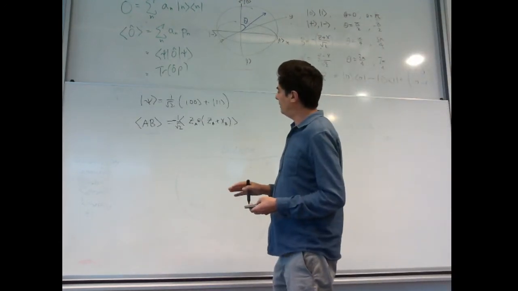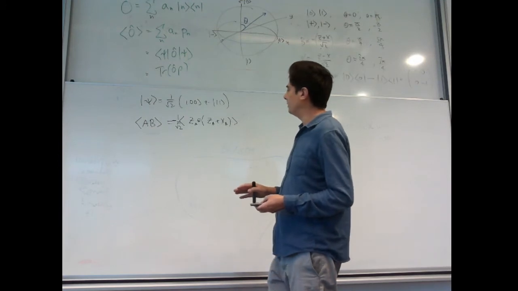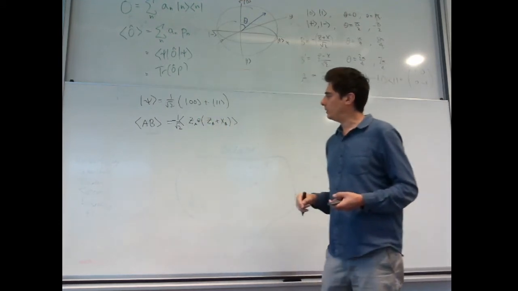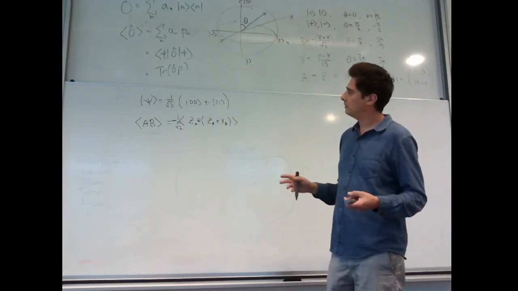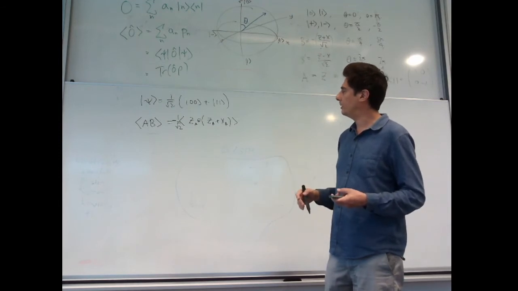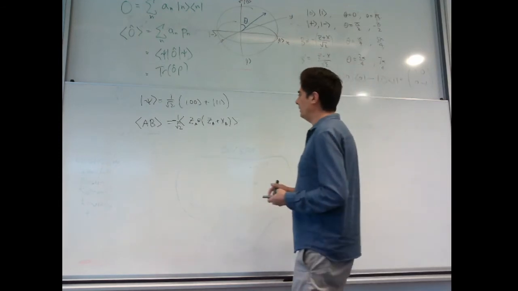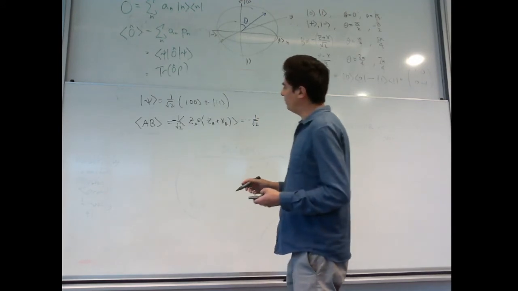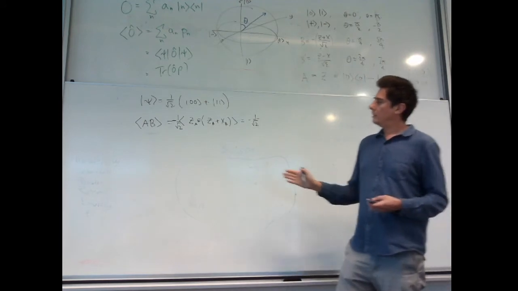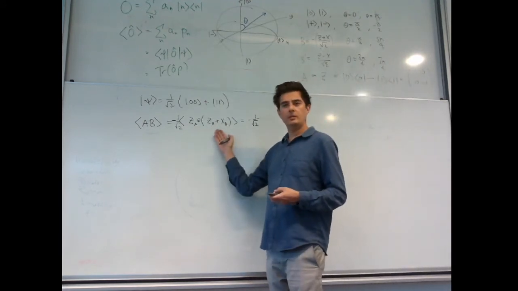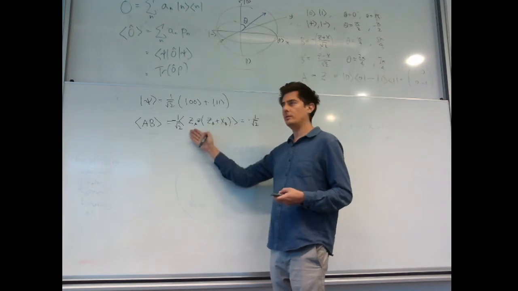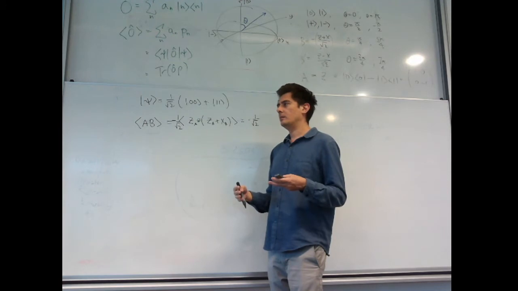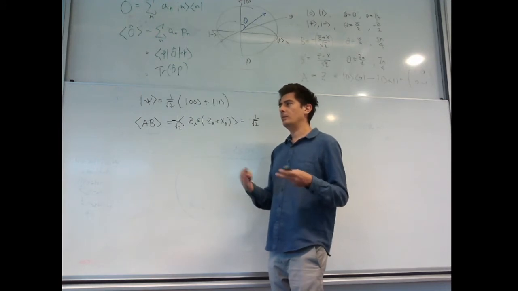So I could do this in a few ways. I could find what this matrix is and then do it with matrix algebra. But I think what's easiest in fact is to use the fact that if you have a sum of matrices and then you take the average of that sum, it's the same as the sum of the averages.